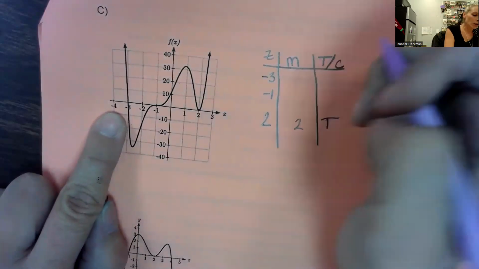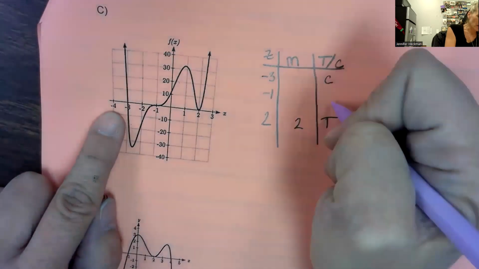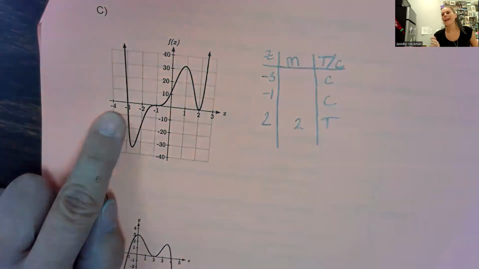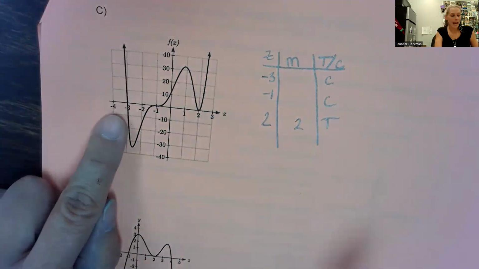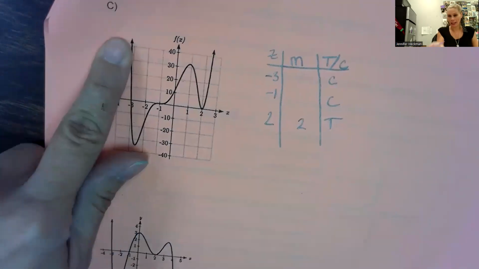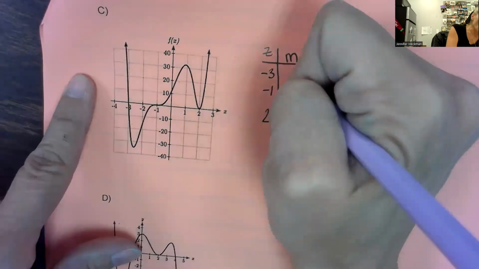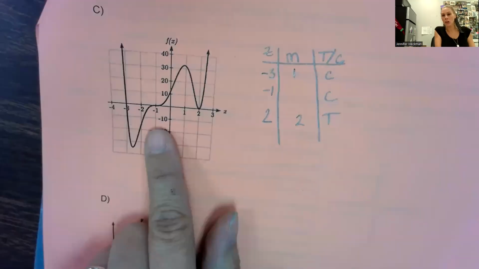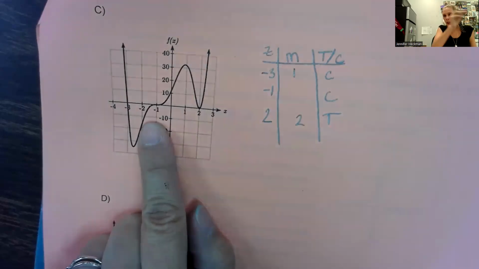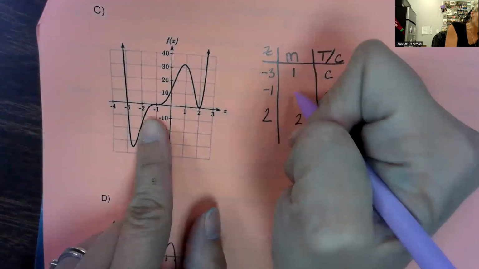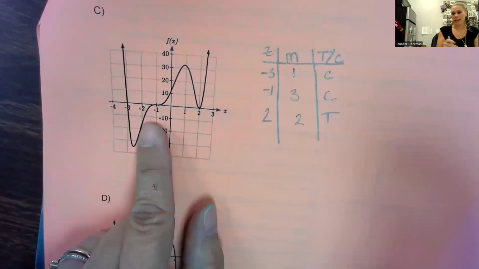So keep in mind that even though -3 and -1 both cross, the lowest cross you can have that's linear like this would be 1, where this cross is cubic. It has that cubic shape, so that means we're going to do 3.